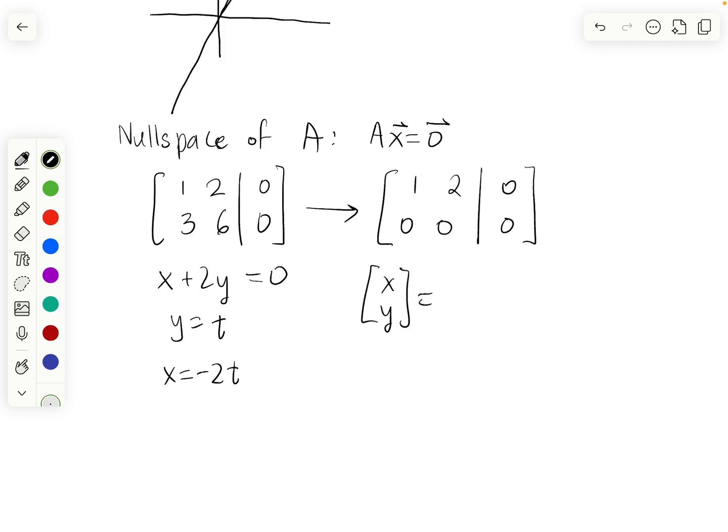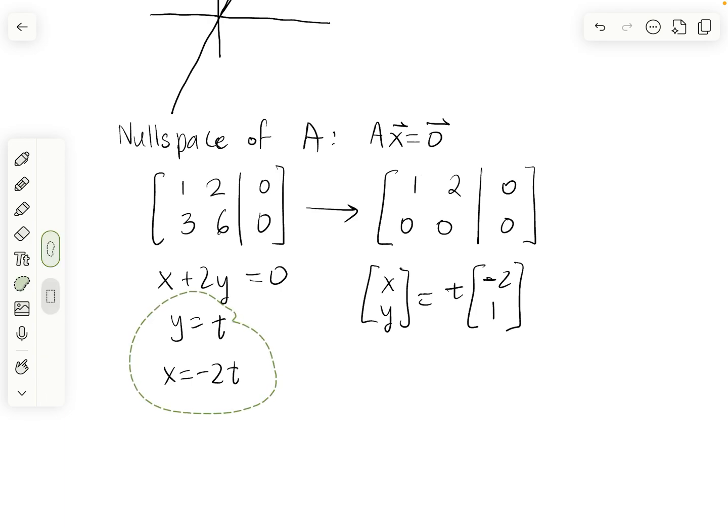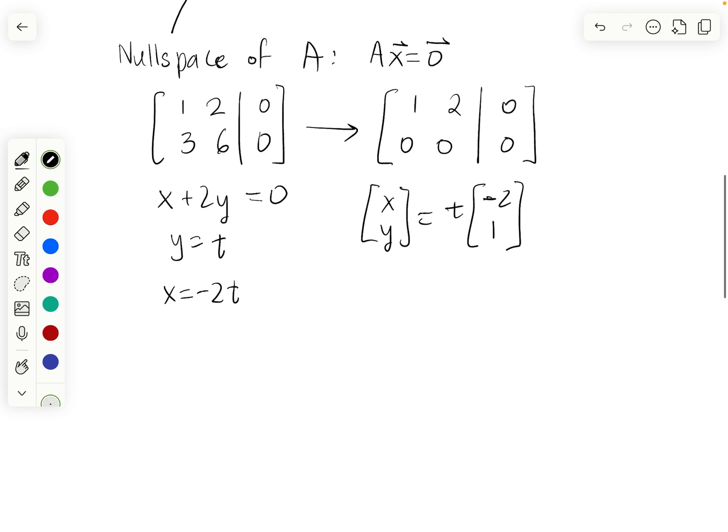And so the vector xy is any multiple of negative 2, 1, right? We get that from here. And so the solutions to AX equals 0 is the span of negative 2, 1.